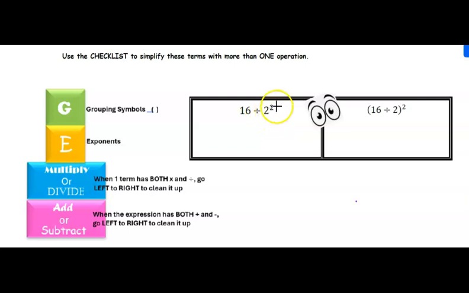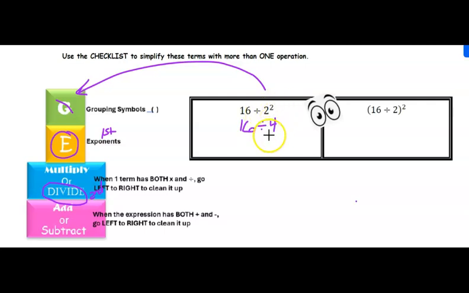So we come over to our checklist. We have no grouping symbols, we have exponents, and we have division. We are going to do exponents first, and we're going to divide second. It's below the exponent, so 16 stays, and we do that exponent. 2 squared is 4. Now you do 16 divided by 4, and you get 4.